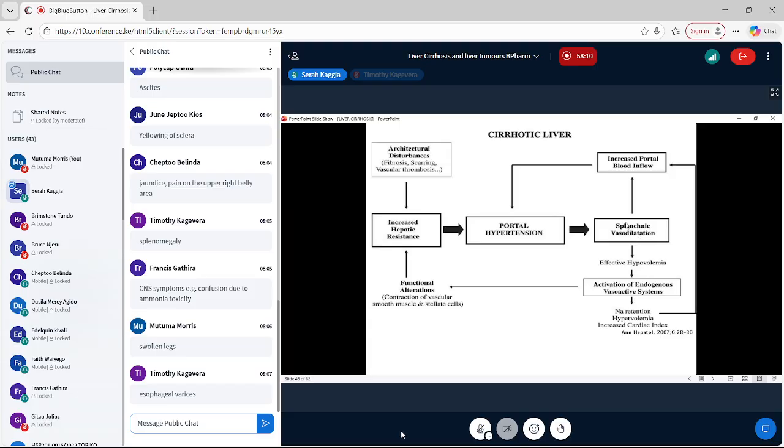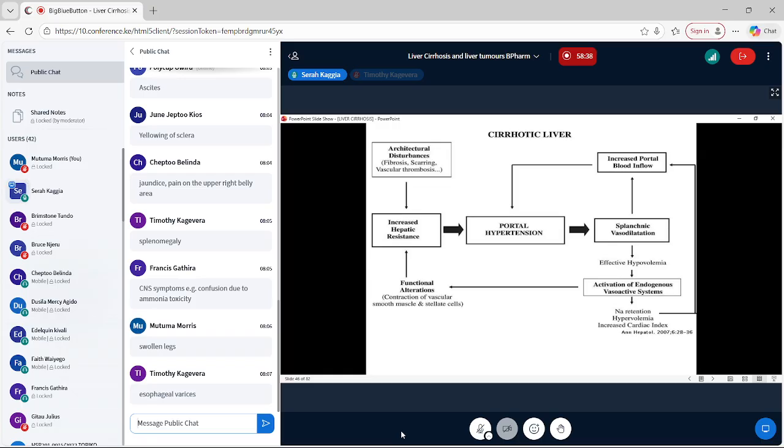And because of that, increases blood flow back to the portal system, the increased portal blood inflow back there. Then also the splanchnic vasodilatation causes hypovolemia, low volume in the systemic circulation. And because of the hypovolemia in the systemic, it activates things like the renin-angiotensin system so that you can retain sodium and pull more within the systemic circulation.